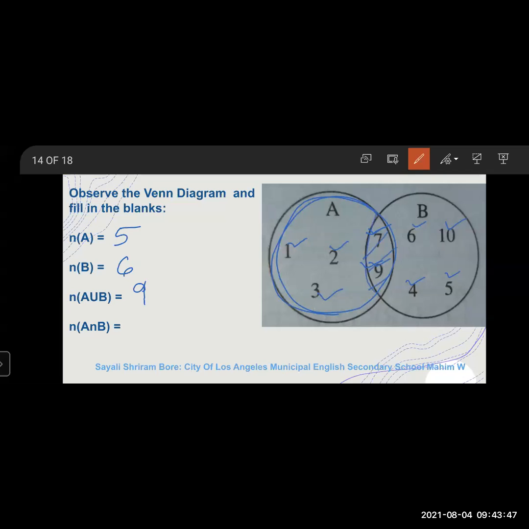In this intersection part, how many elements are there? Only 2 elements. So such type of question, that is Venn diagram, will be given. Simply you have to count the number of elements in the union, in the intersection and in the individual set. So I am showing you the type of question that can be asked based on this particular topic.